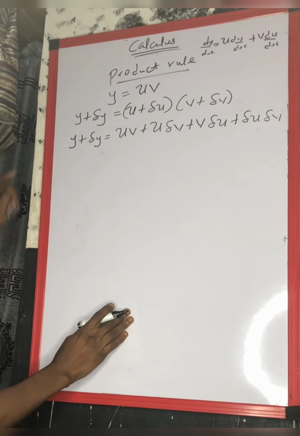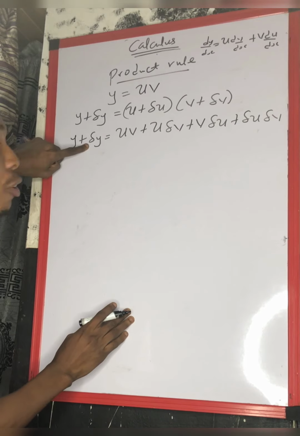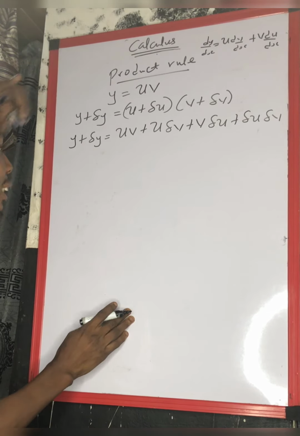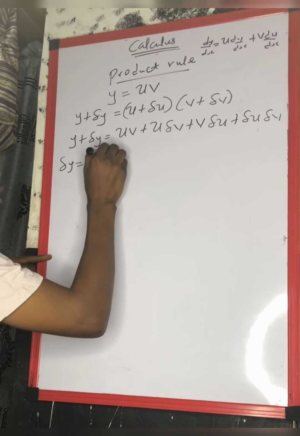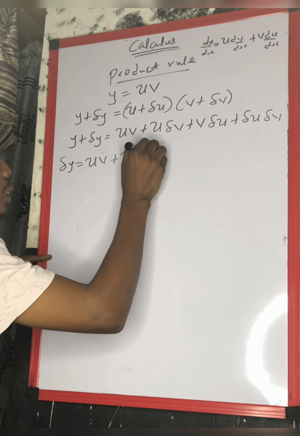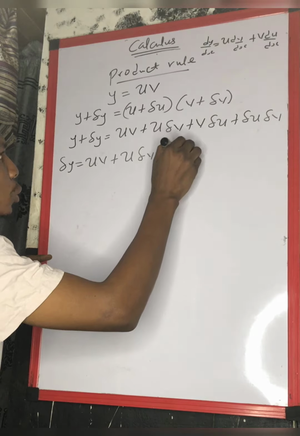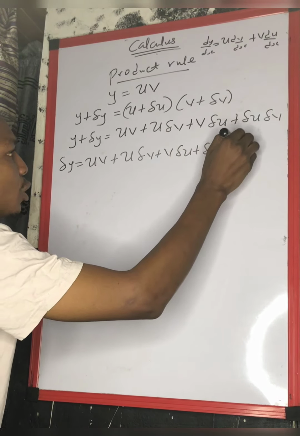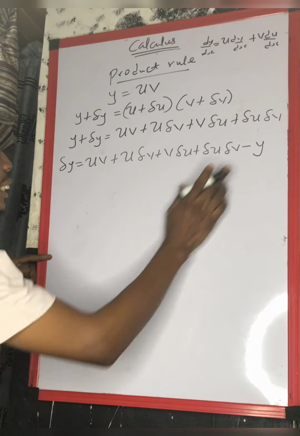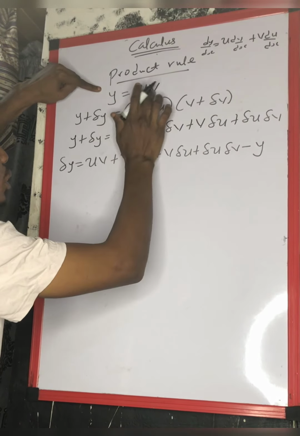So from there, making change in y the subject of the formula, y will move to the other side. It becomes change in y equals uv plus u change in v plus v change in u plus change in u change in v, minus y. This time around our y is written as uv.